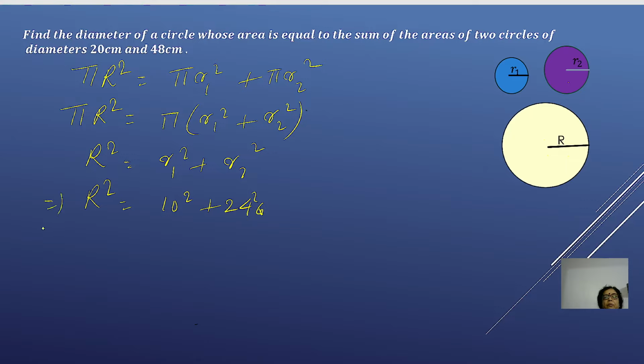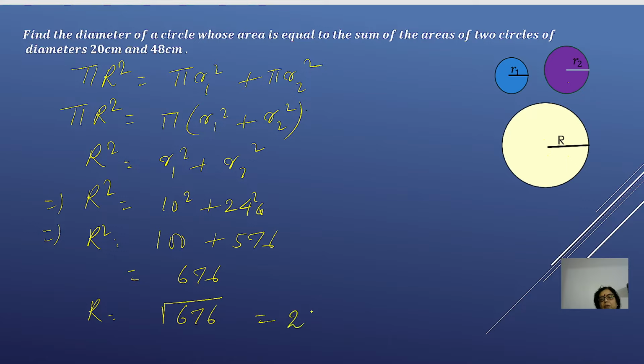So R square becomes equal to 100 plus 576, that is equal to 676. So R is equal to root over 676, that is equal to 26 centimeter. So the diameter of the outer circle will be 2 into 26, that is equal to 52 centimeter.